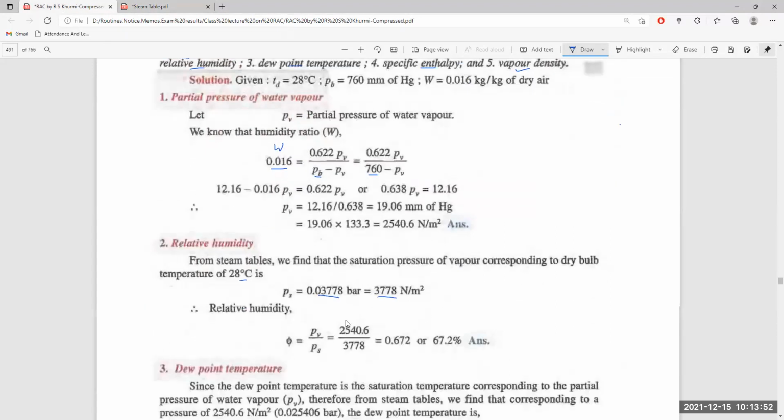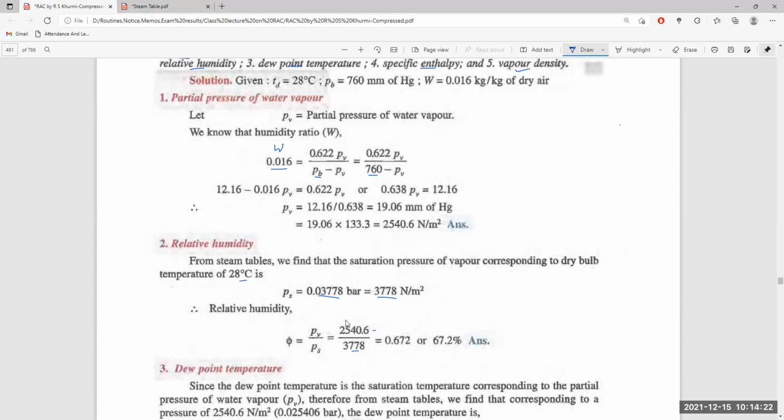So relative humidity, as per the relation from the standard gas equation, is given as the ratio of partial pressure of water vapor to the partial pressure of saturated steam at the dry bulb temperature. Putting both together, you will get relative humidity equal to 62.2%.